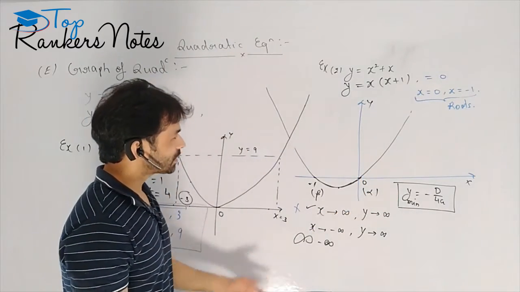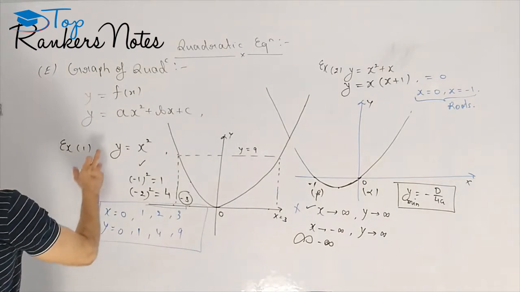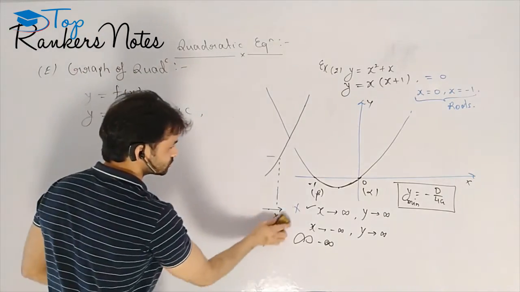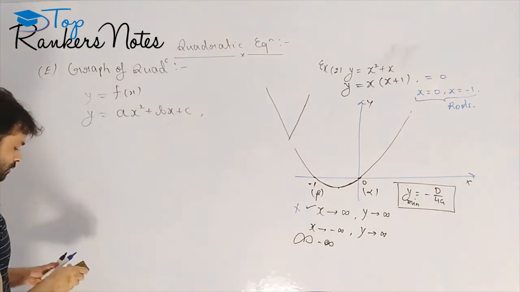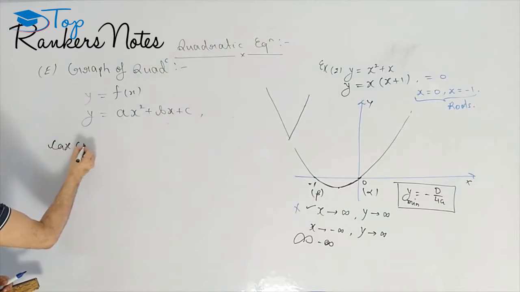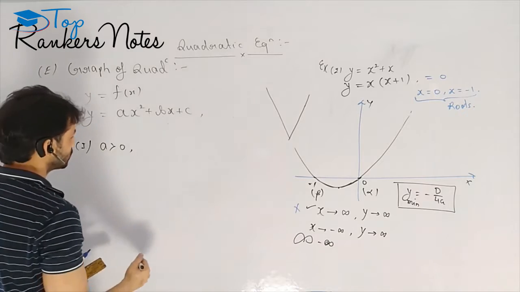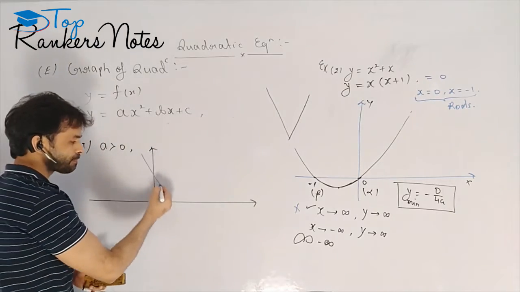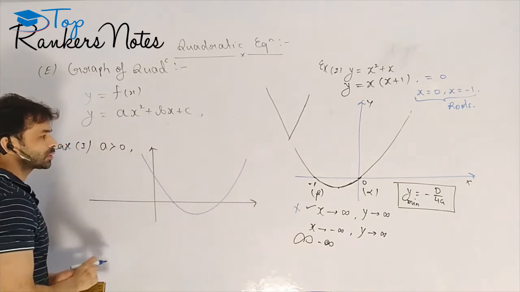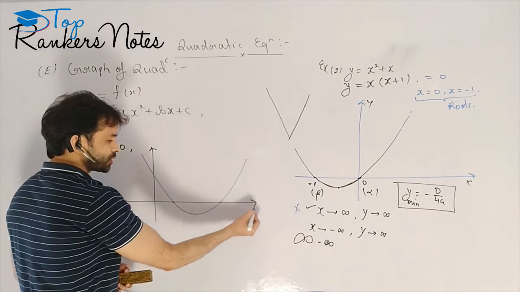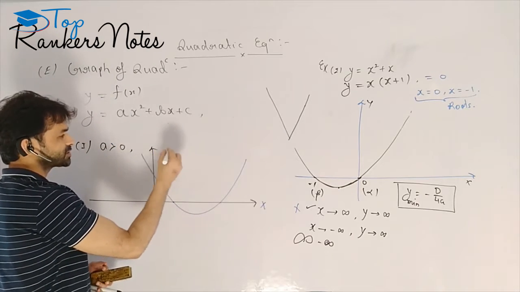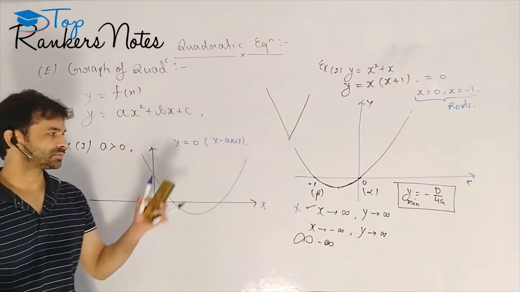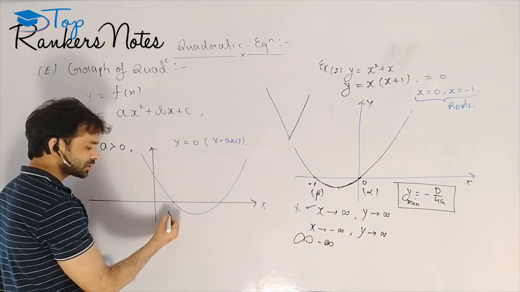Whenever a is positive, the graph of the quadratic expression is like this, and these points where the graph is cutting the x-axis, meaning y is 0, y 0 means the x-axis, these points are the roots of the quadratic.